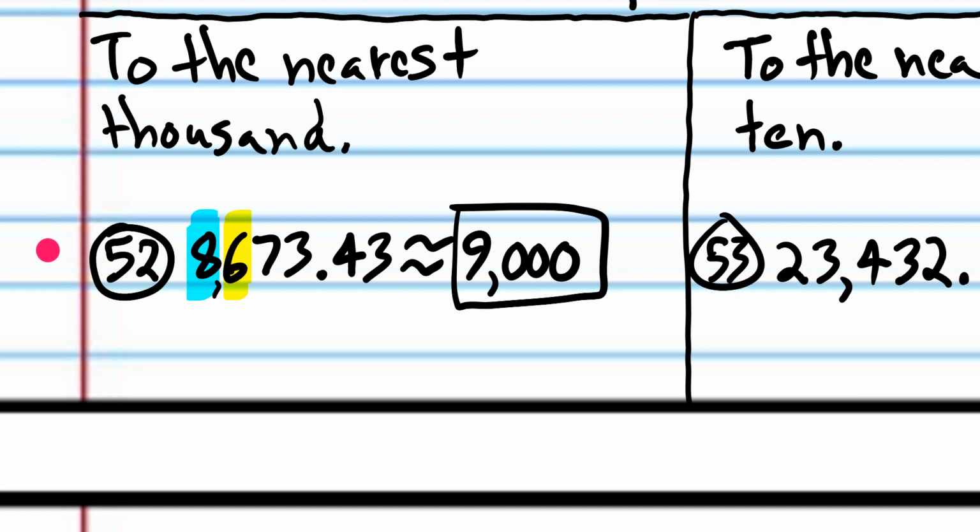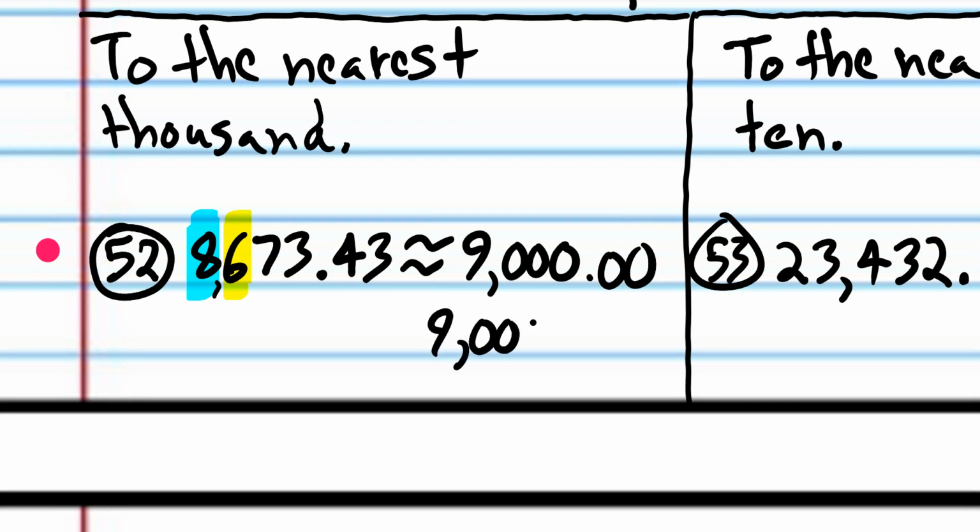Because 9,000.00 all that means is 9,000 plus 0 out of 100. But 0 out of 100, if you recall, if you cut a pizza into 100 parts and you eat all of it, so there's nothing left, it's obviously just 0.